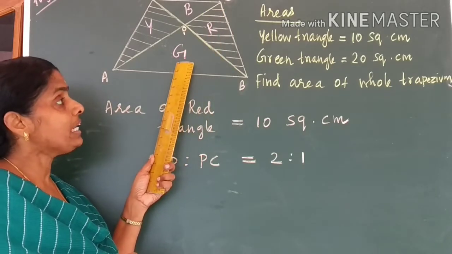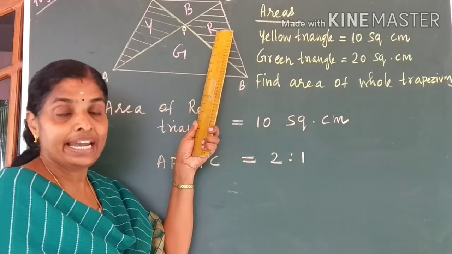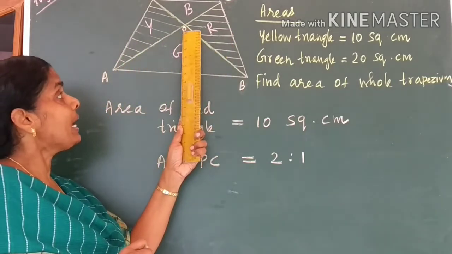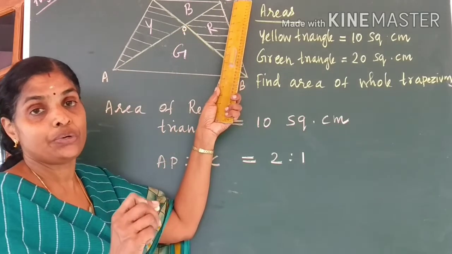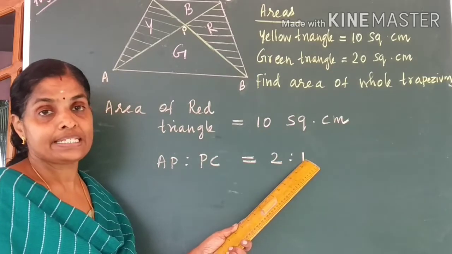We know area of the green triangle to be 20 and area of the red triangle to be equal to 10. So we can say AP is to PC is equal to 20 is to 10, which simplifies to 2 is to 1. Is it clear?